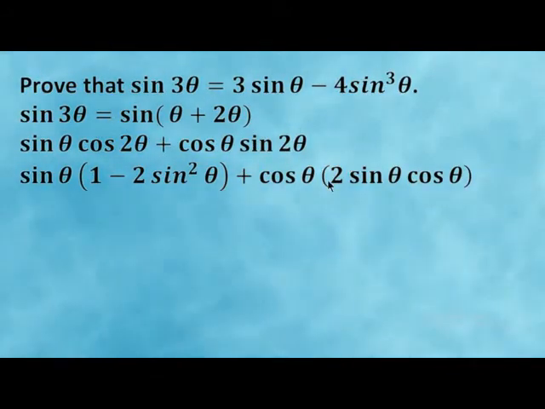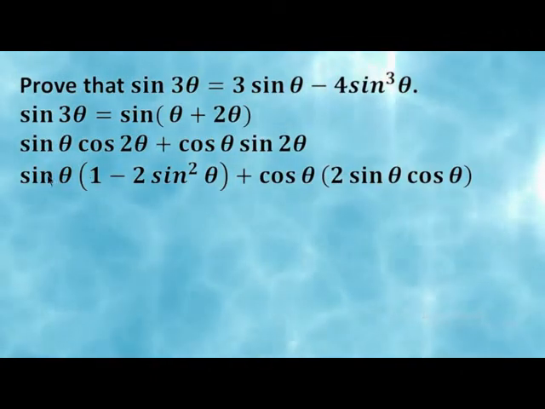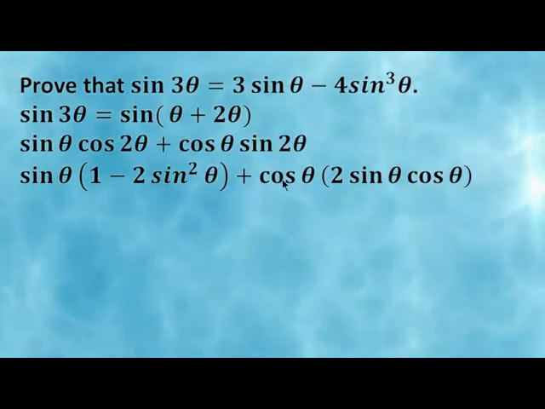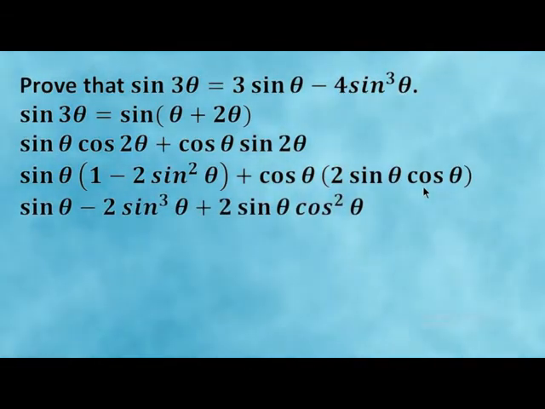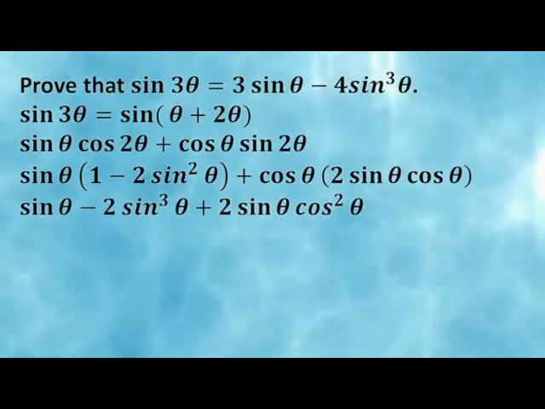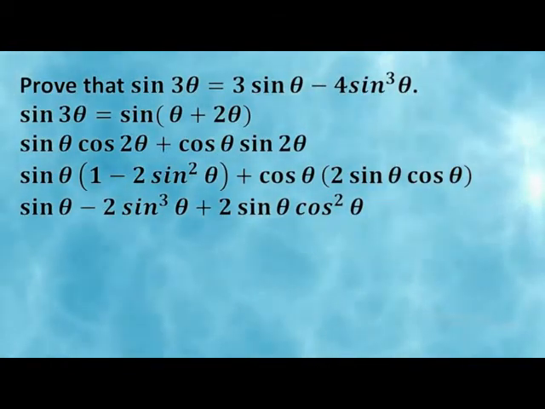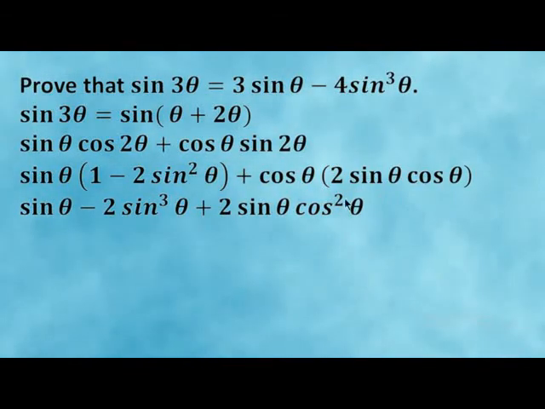So sine 2 theta equal to 2 sine theta cosine theta. We just simply multiply sine with this one and cosine with this one. So you will get sine theta minus 2 sine cube theta plus 2 sine theta cosine square theta. Cosine multiplied with this one, so it is cosine square.